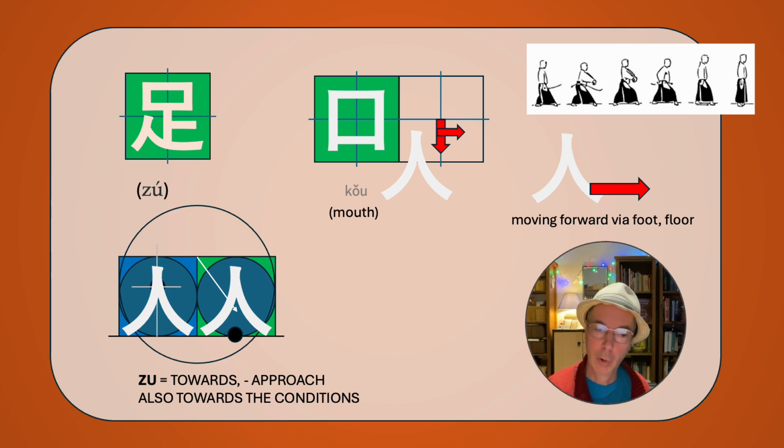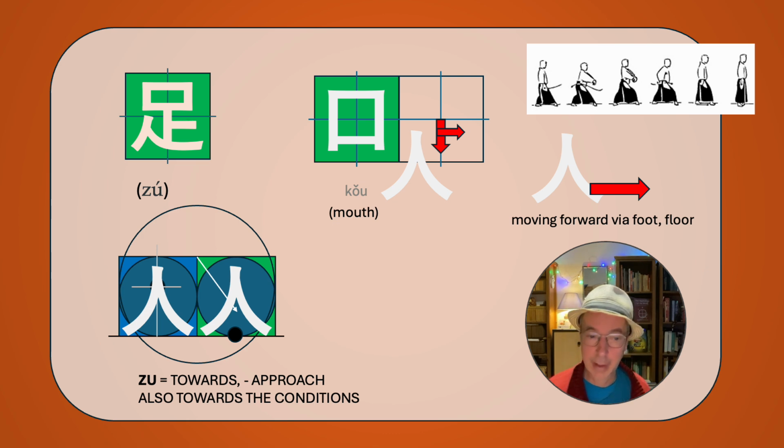It's also approaching the conditions via the Z and via the U. It's all going towards the conditions. It deals with the conditions, and that's actually much more dealing with the whole set of circumstances, so that you can approach the other thing well.